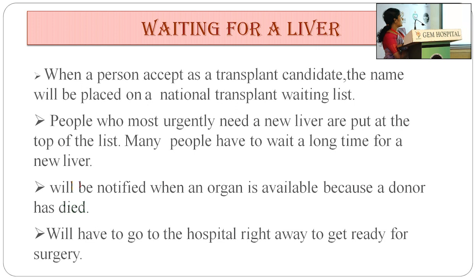When a liver becomes available, when a person has died or brain death has happened, it will be notified, and those who urgently need the liver will be placed on the upper side of the list, and those whose necessity is a little lower will be on the lower side of the list. Accordingly, the liver will be allotted to a patient when the new liver arrives. Then the patient will go to the hospital, get admitted, and the surgery will be planned.